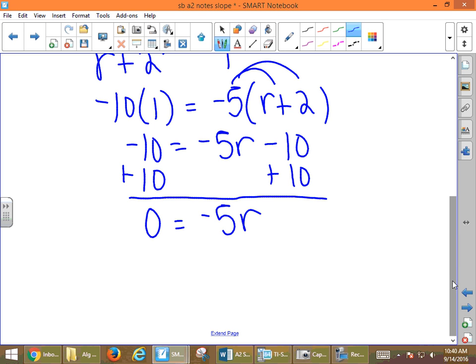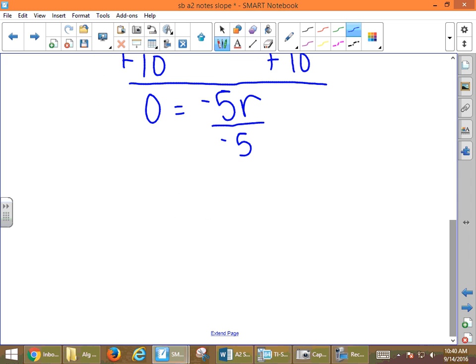Opposite operation is to divide by negative 5. And what did we say happens when we divide 0 by a number? Do we get 0 or do we get undefined? We get 0. Again, if you're not sure, type it in your calculator. Your calculator will tell you what it is.